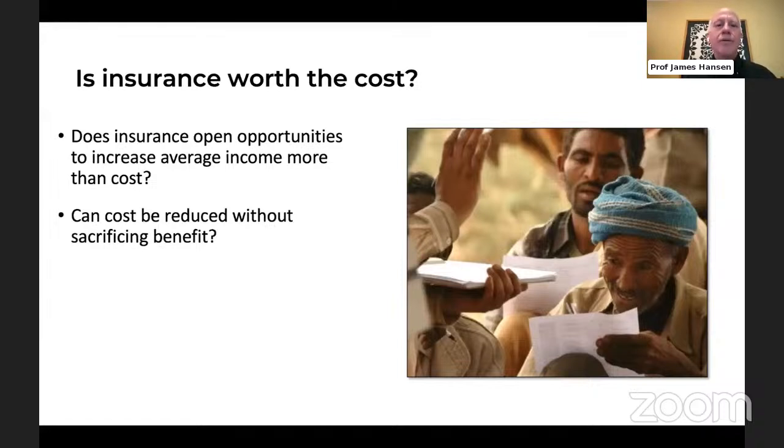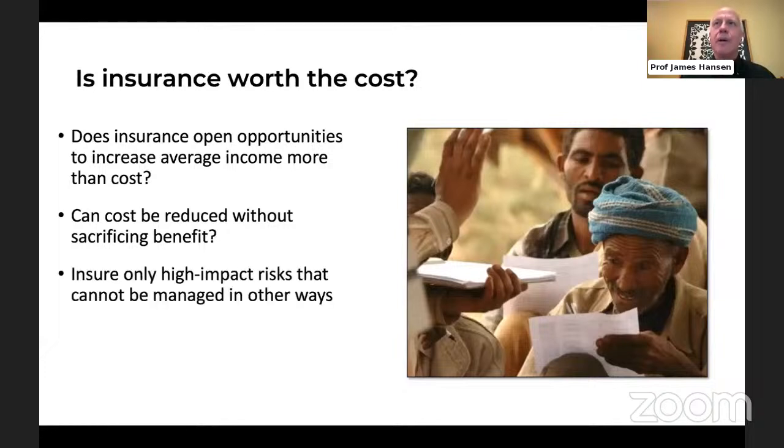If some of the costs, not of the premium, but other costs to the insurance company, data, for example, needed to generate the index and evaluate the index, insurance literacy awareness for farming communities, if public organizations subsidize those costs instead of the insurance company bearing those costs, that can help reduce the cost without sacrificing the benefit.